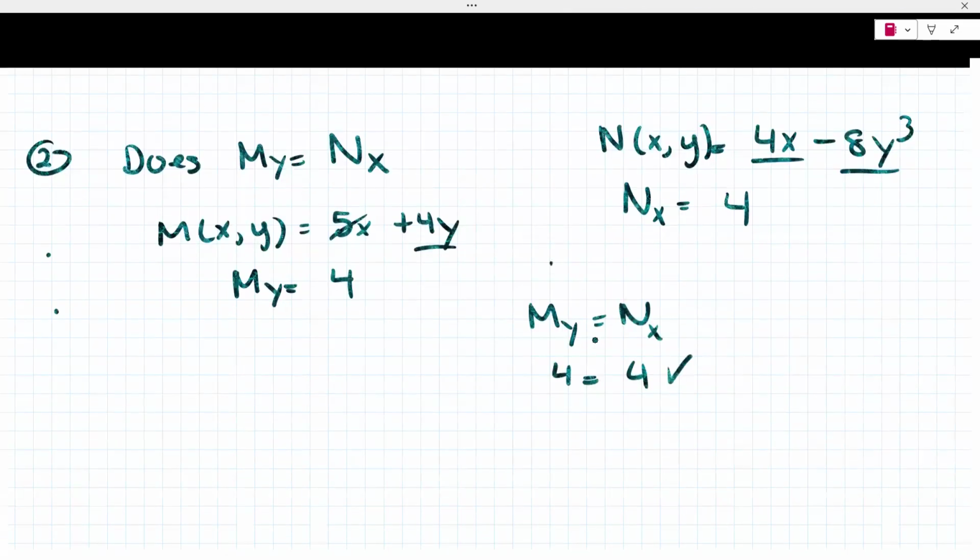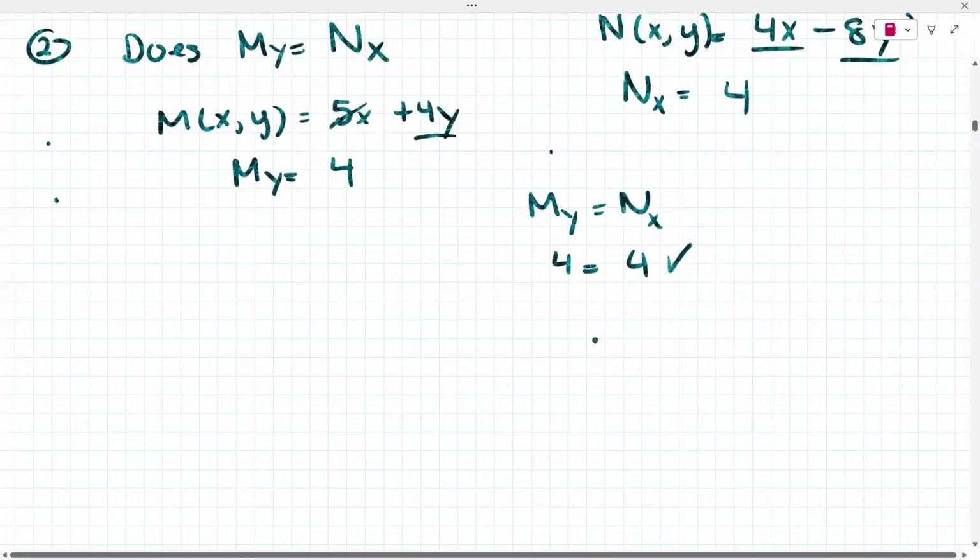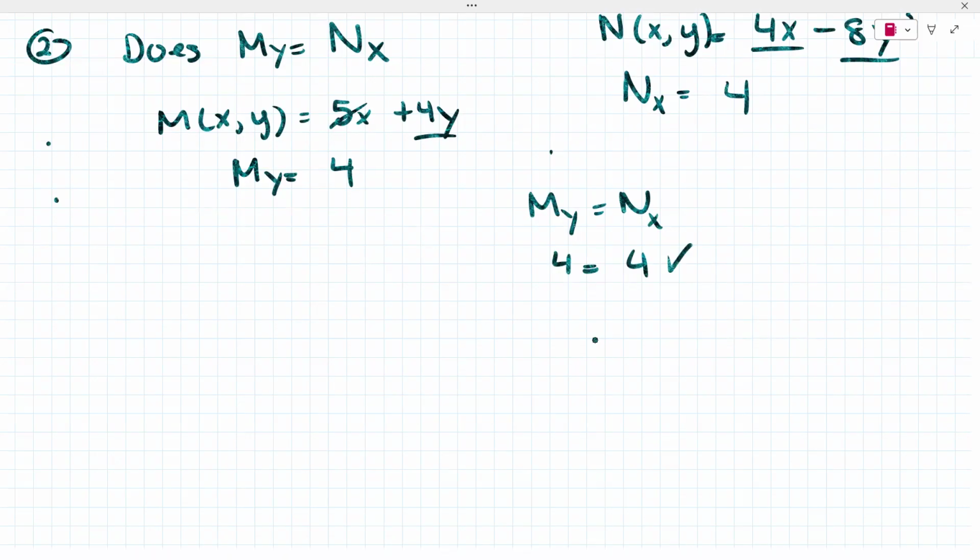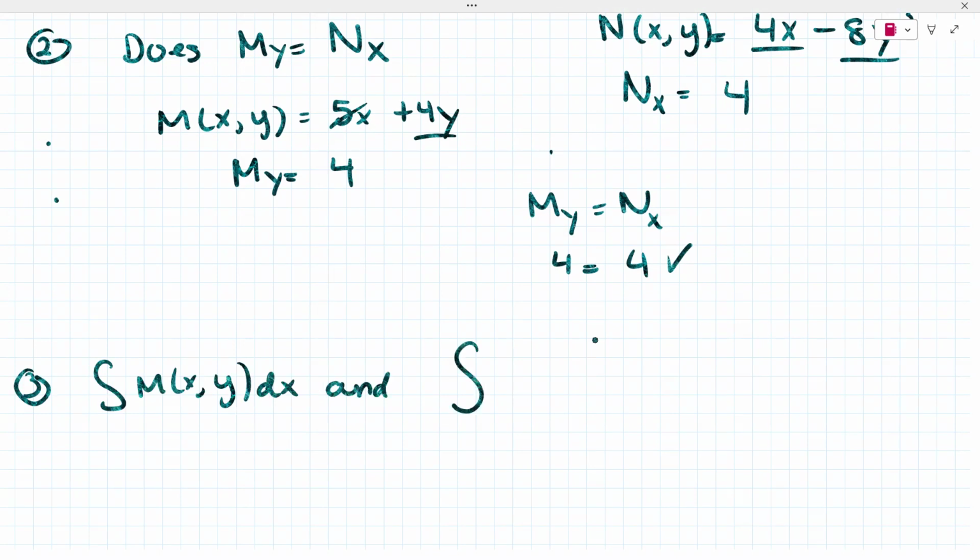We just have to take the integral of M(x,y) dx and the integral of N(x,y) dy. Okay, so let's go ahead and do that.